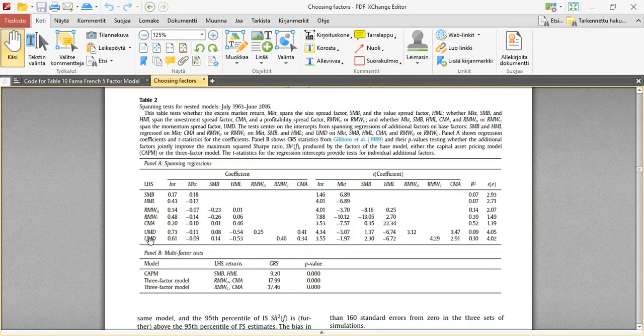If you implement a test for nested models, we know that we have only one additional regressor in the 6-factor model, the momentum factor. So the only test statistic we are interested in is the simple t-test, because we have only one additional factor.